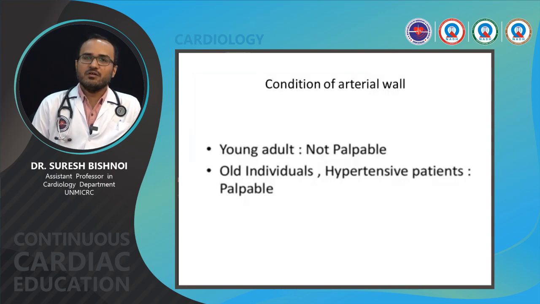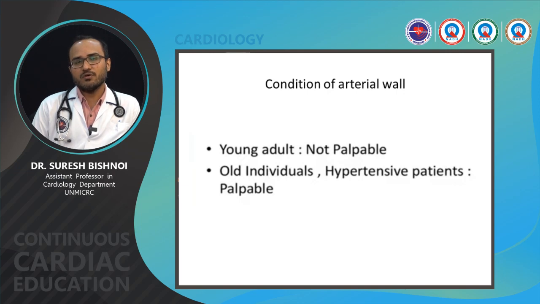After describing all these abnormal pulses, you should look at the condition of the arterial wall, which may give very important clinical clues. In a young patient, the arterial wall is non-palpable. You obliterate the pulse with the proximal finger, and then you try to palpate the radial artery with the middle finger. In a young patient, you won't be able to palpate the radial artery.